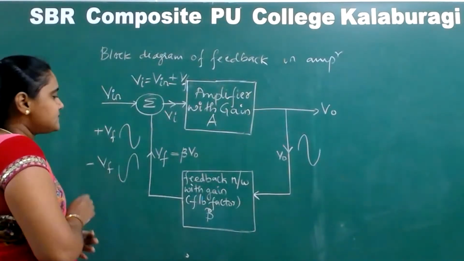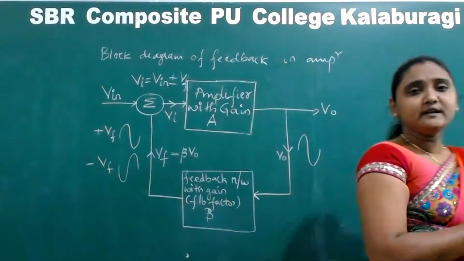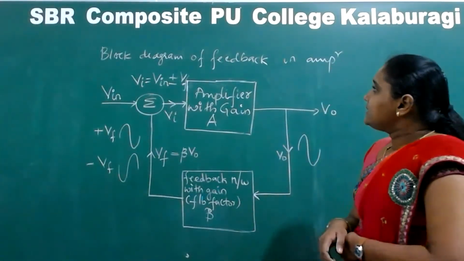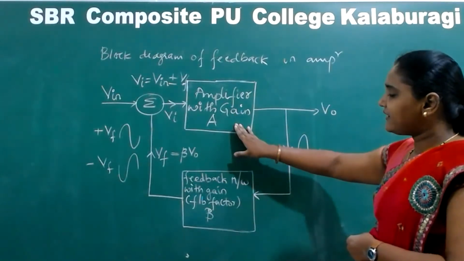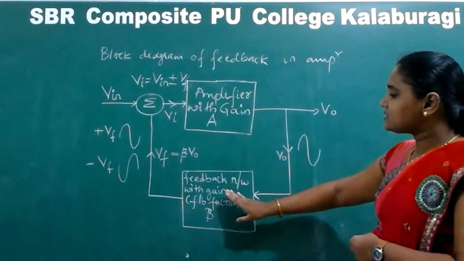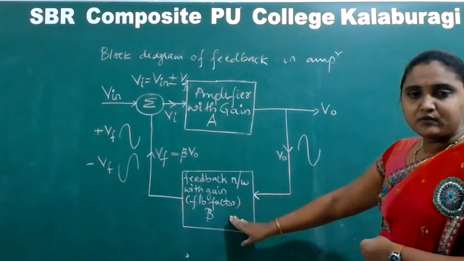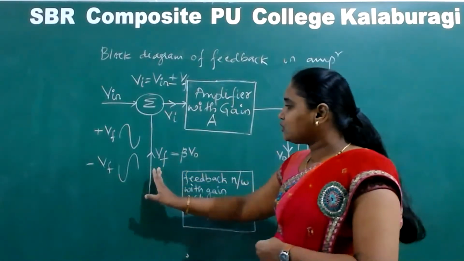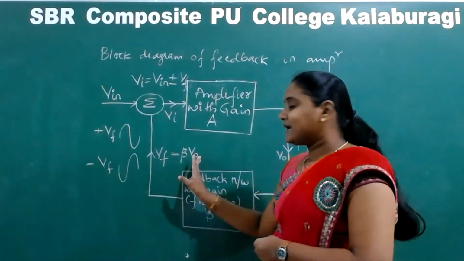So this is the block diagram of feedback in amplifiers, where we see two components. One is the amplifier, with gain A, and the other is the feedback network with the feedback factor of beta. A portion of the output is given to the feedback network, where it is converted into the feedback voltage, that is the feedback signal, Vf equals beta times V naught.